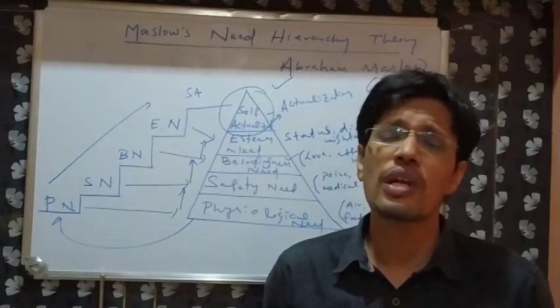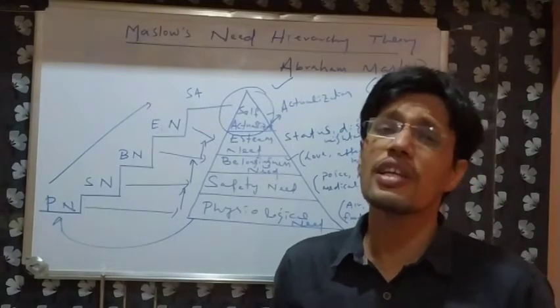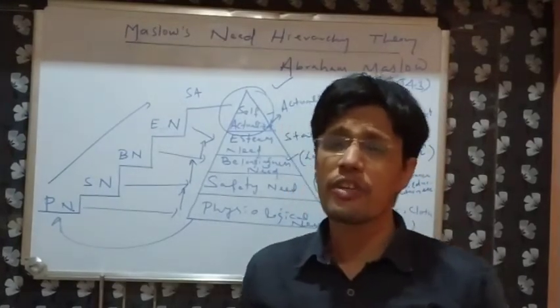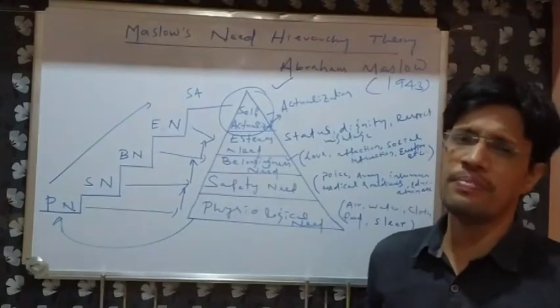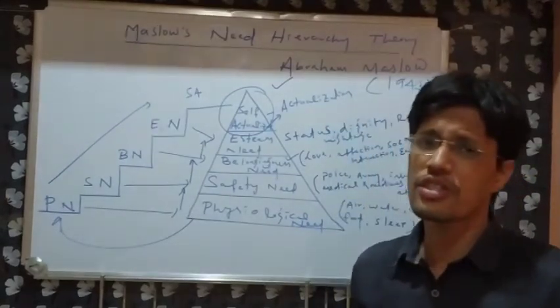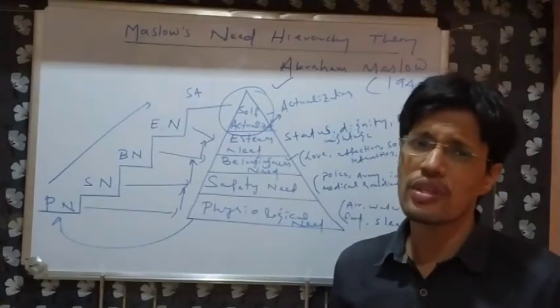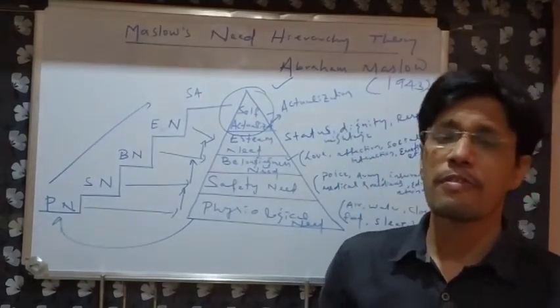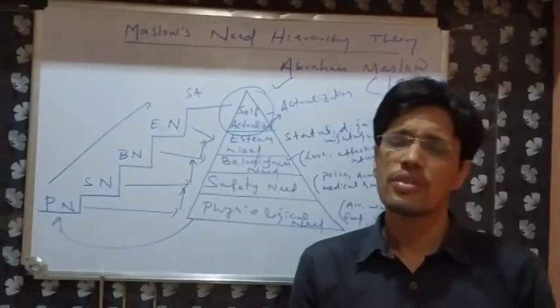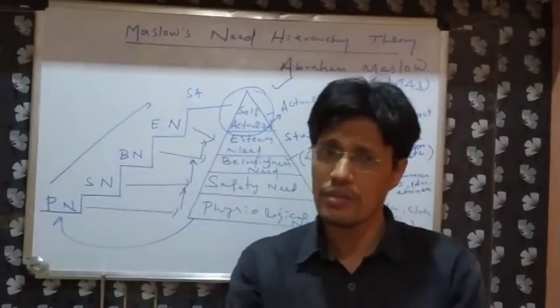Self-actualization is really a difficult path for every individual. Although it is difficult, still every individual tries to reach the top portion so that he could be a role model for every society, for every person in the surroundings.